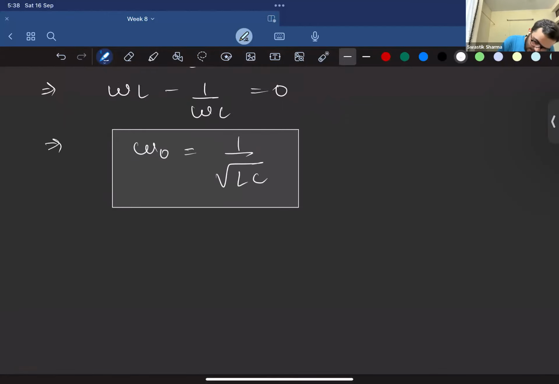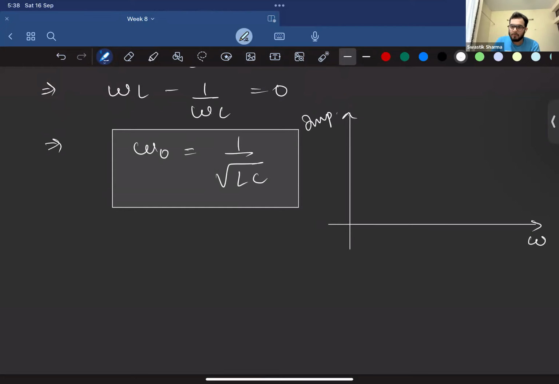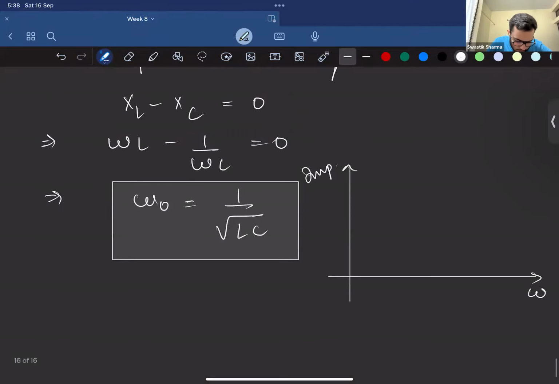So let's say our circuit is like this, right? With respect to this is impedance and this is omega, which is the frequency. So how is the impedance of the inductor varying with respect to omega? It's varying linearly, right? As omega increases, XL increases.